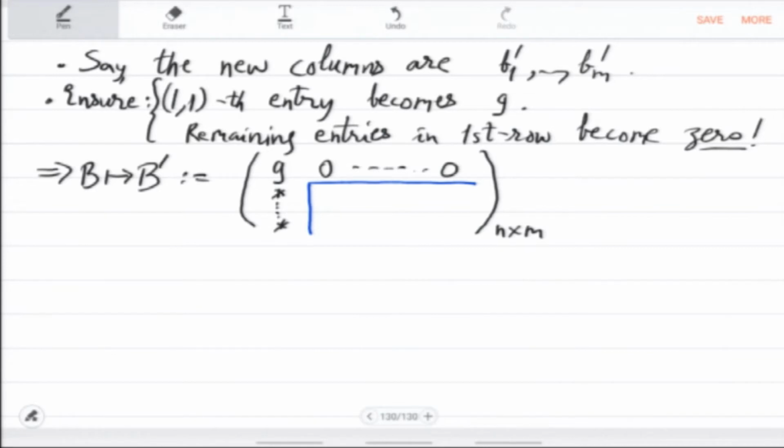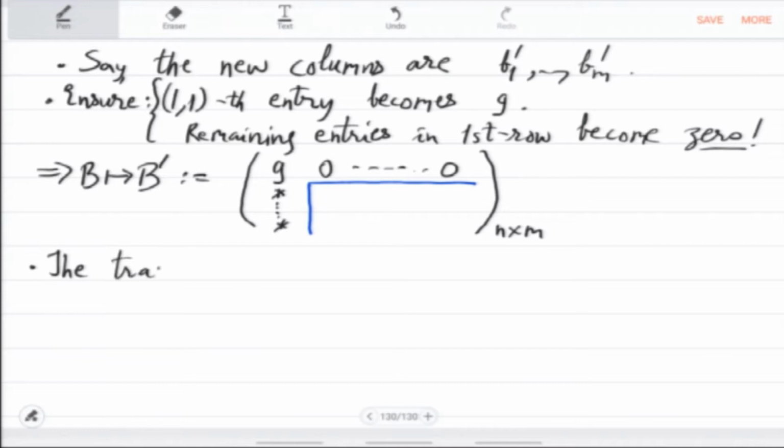B prime. So what this combined first step has achieved is it has made the first row in this normal form. So it's almost the zero row except the first entry being GCD. So what is this transformation?